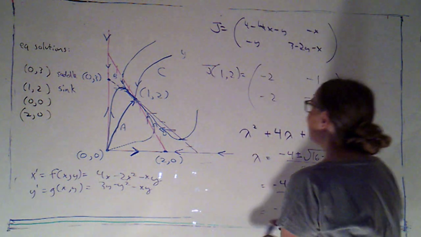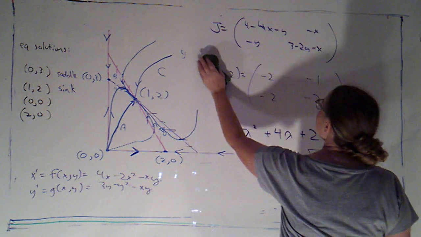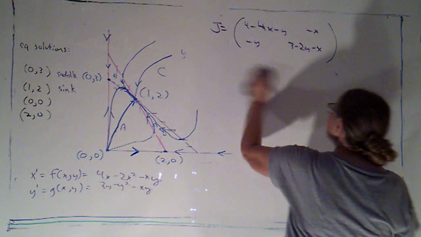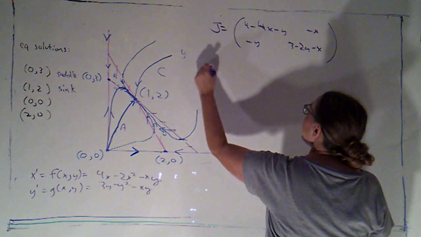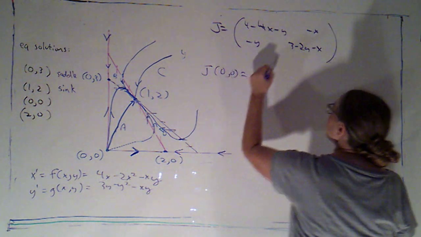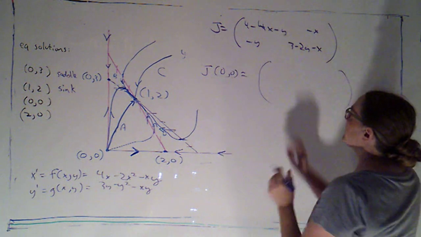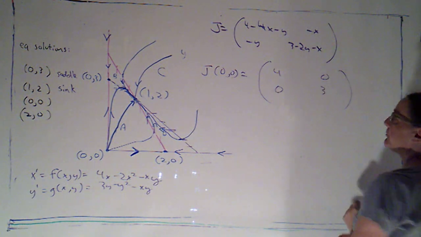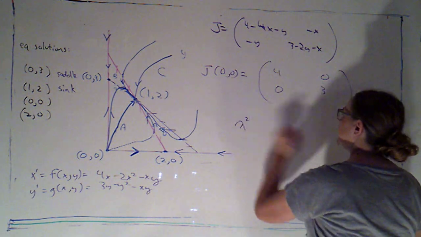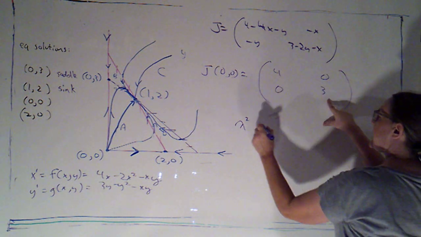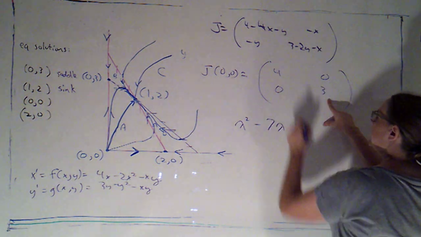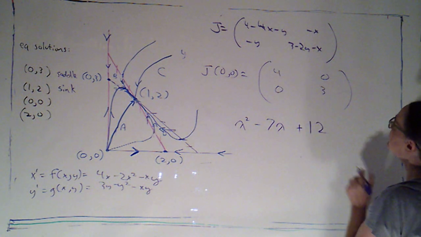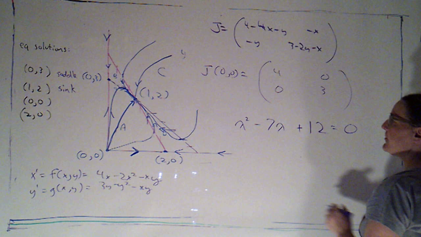All right, so let's go ahead and work with our other equilibrium points. If I look at J at 0, 0. So x and y are both 0, so I'm just getting 4, 0, 0, 3. So I'm going to have lambda squared. The trace is 7, so minus 7 lambda. The determinant is 12 minus 0, so plus 12 is equal to 0.